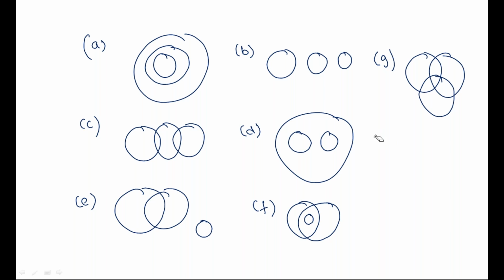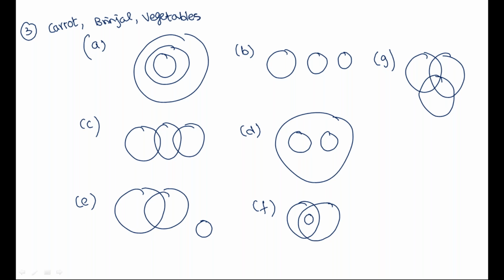Now, this is the third question we're discussing. Already 2 questions were discussed related to logical diagrams. My third question is carrots, brinjal, vegetables. Which diagram will you use?